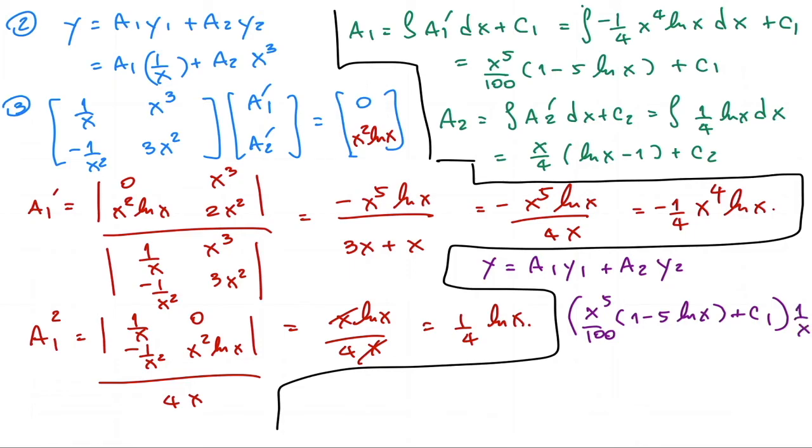Okay, plus a2, which is x over 4 times (log x minus 1) plus c2, and y2 is x cubed, and that is the answer. Okay, guys, see, it's not so hard, right?